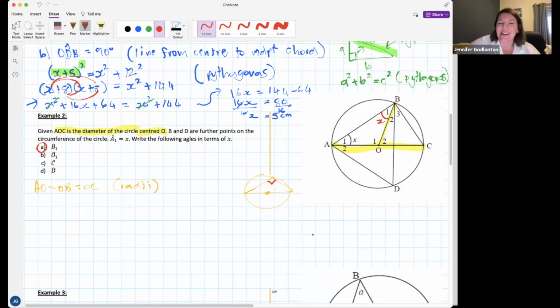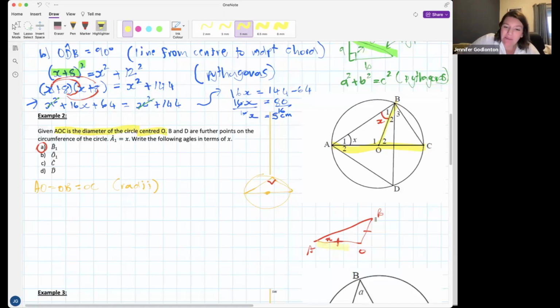Beautiful. So now if you guys couldn't see that, that's perfectly normal. Let's quickly draw out our little triangle. We've got our little triangle over here. This is O, this is A, this is B. We know that this line is equal to this line because they are both radii. And we know that that is X. We're going to go all the way back to our grade 8 brains: when we have an isosceles triangle, then the angles opposite the equal sides are equal to each other.